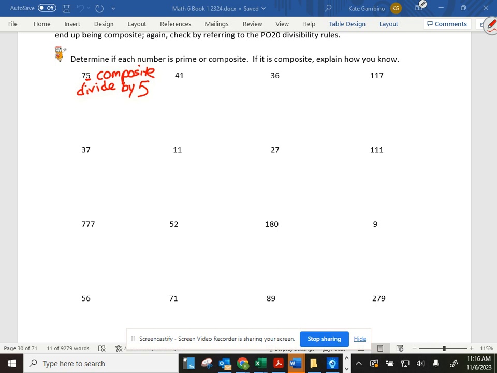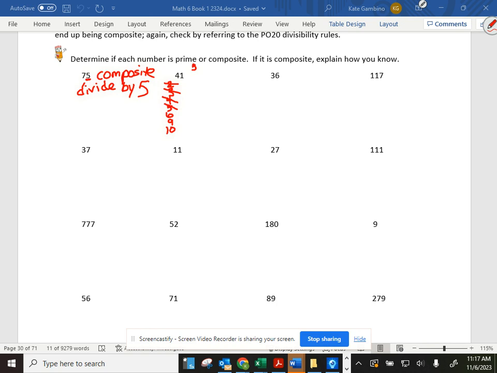It's divisible by 5. 41, do you think that's prime or composite? If we're not sure, do those divisibility rules like we were supposed to do on the last objective. Is it divisible by 2? Nope, it's not an even number. Is it divisible by 3? 4 plus 1 is 5. Nope. Is it divisible by 4? Nope, it's not divisible by 2. Is it divisible by 5?